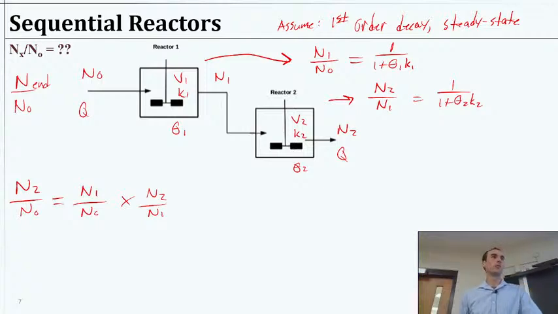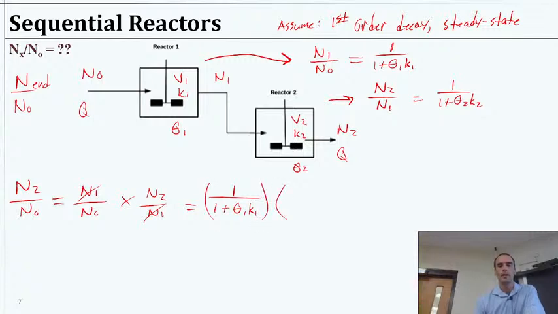We can cancel the N1s. That becomes N2 over N naught, right? Now, to put it into practice and say, well, yeah, that thing equals itself. Great. What use is that? We can substitute in these terms, right? We can say, well, the N1 over N naught was 1 over 1 plus theta 1 K1.